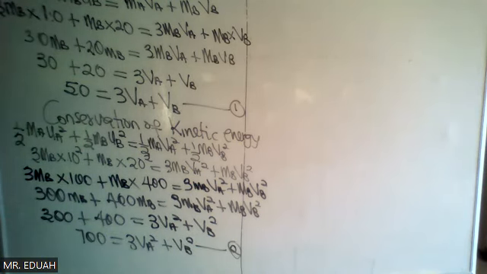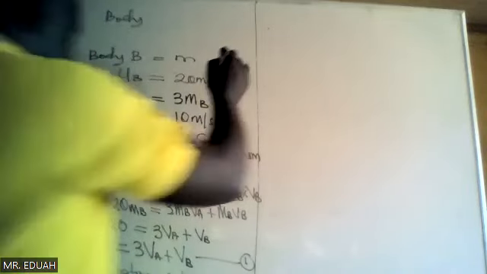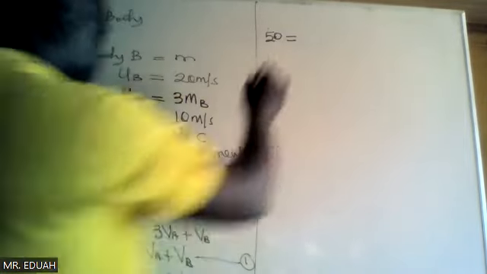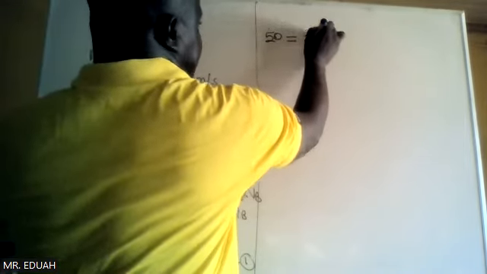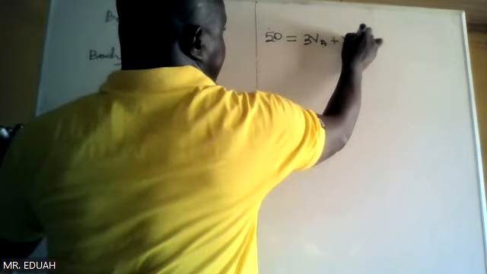So now the bone of contention is solving equation 1 and 2 simultaneously. Equation 1: 50 is equal to 3VA plus VB.